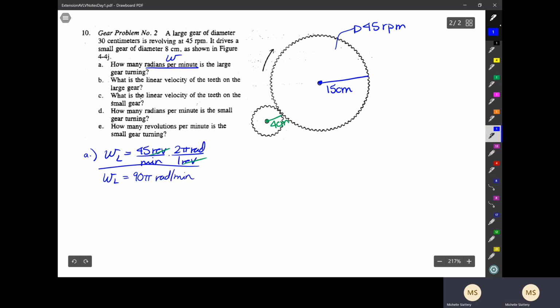Perfect. And I'm going to go ahead and just put that on here. Angular velocity is 90 pi, and my units.